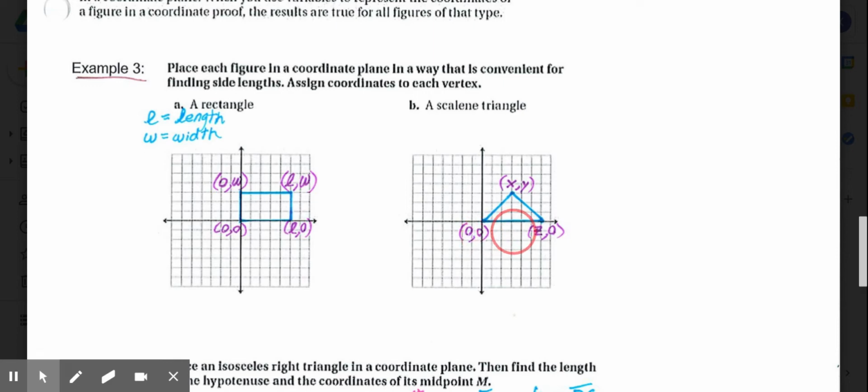Then you could go a random distance over and up, and we'll just call that point X, Y. Over X, up Y. And then the final point would be over Z, 0 in this case, making it easy, because we know the distance of Z is going to be different than Y, which is different than X.